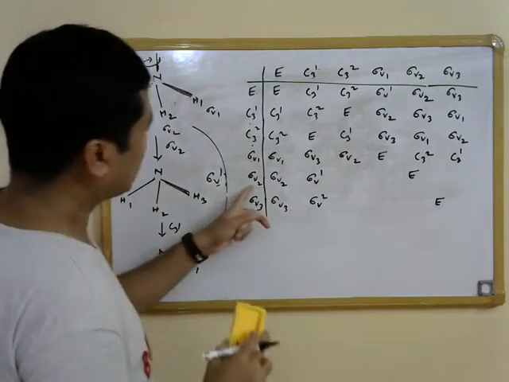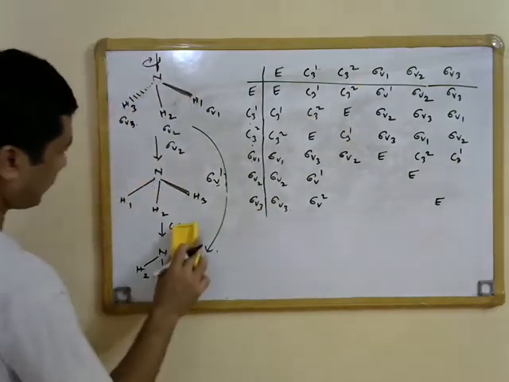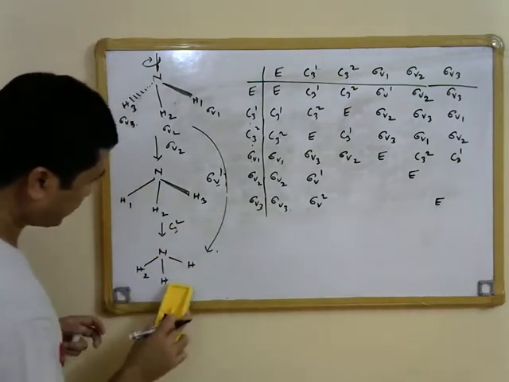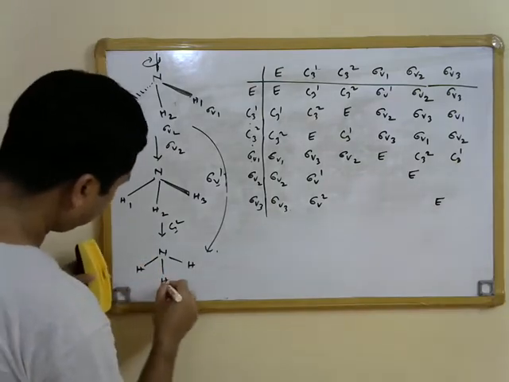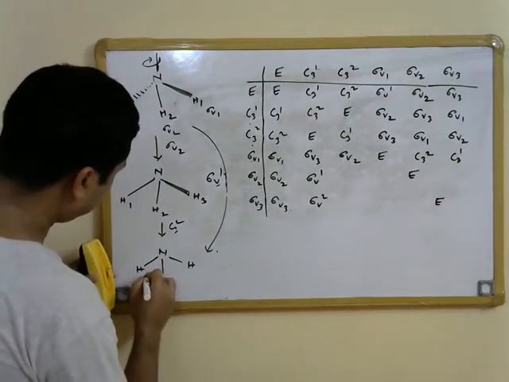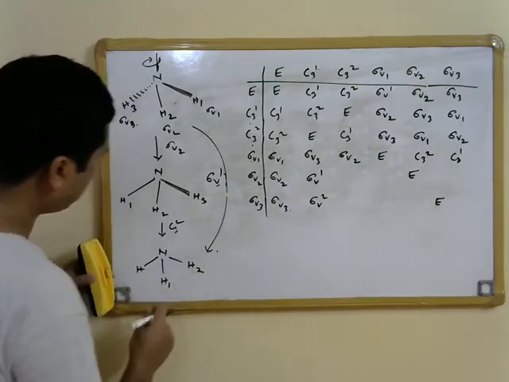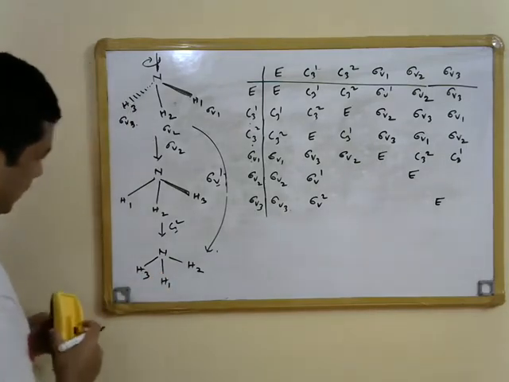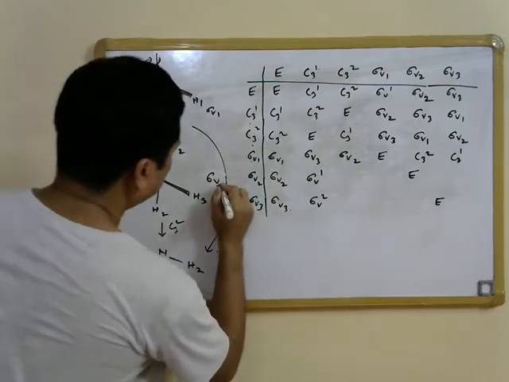So let us do sigma V2 C32. So when we do C32 over here, this is H1, this is H2, and this is H3. So this is sigma V3.